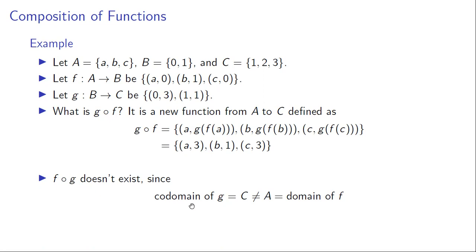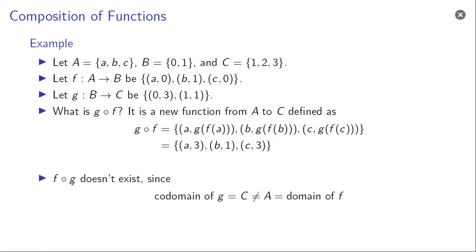In order for it to exist, we need the codomain of g to be equal to the domain of f. Think about it. What does f circle g mean? It means f after g. In other words, first do g and then do f applied to those results. That means the results of g, meaning the codomain of g, has to be equal to the domain of f, right?